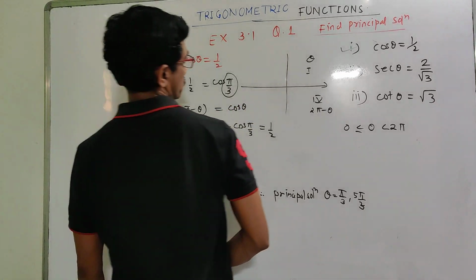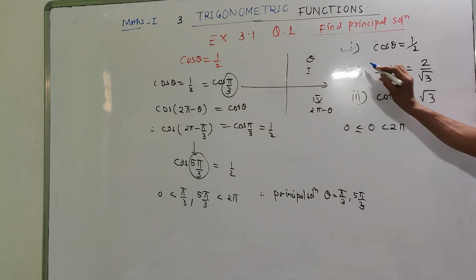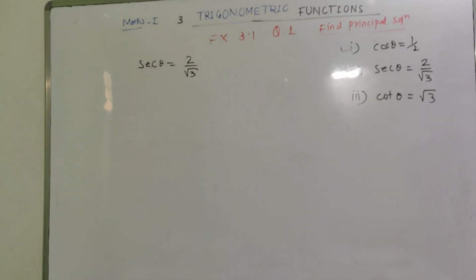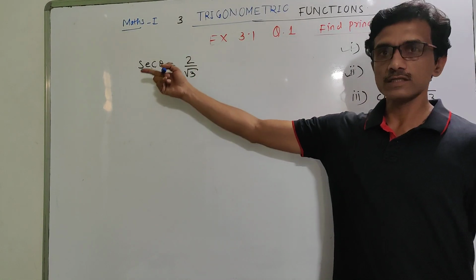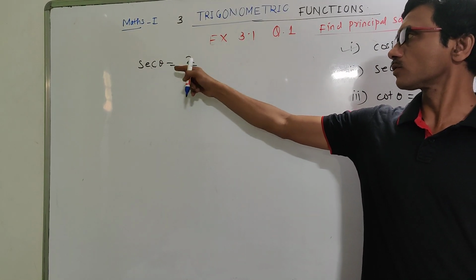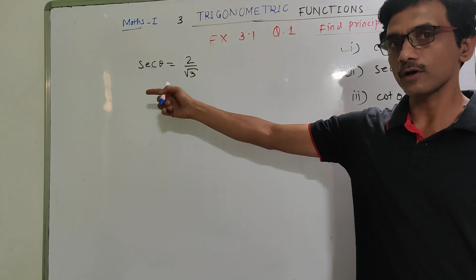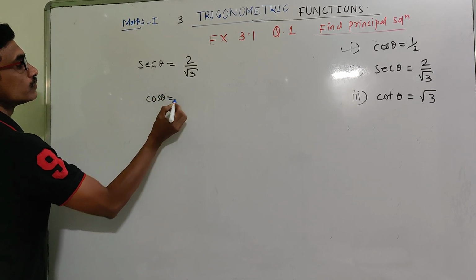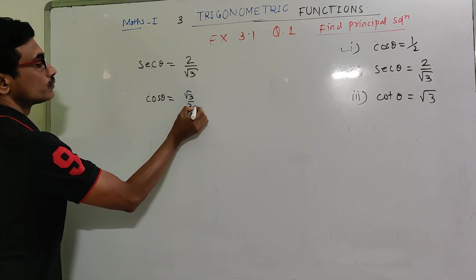Now we attempt the second sub question, that is sec theta is equal to 2 upon root 3. We can take the reciprocal of both sides. If we take the reciprocal, we will get cos. Reciprocal of sec is cos. So cos theta is equal to root 3 by 2.